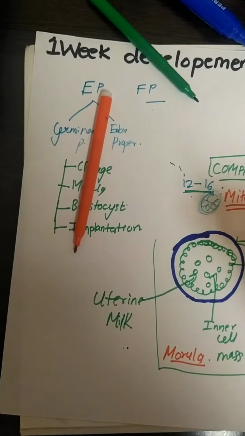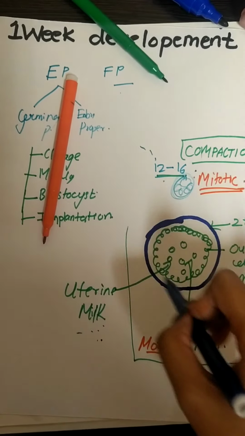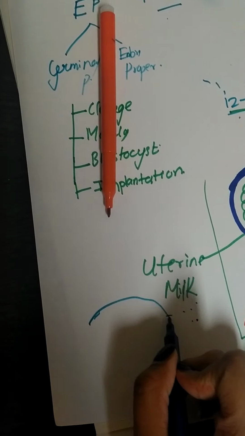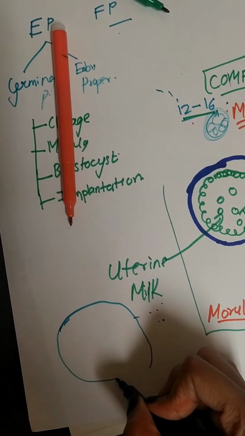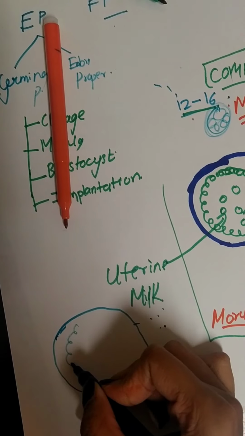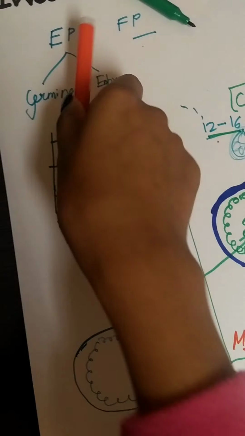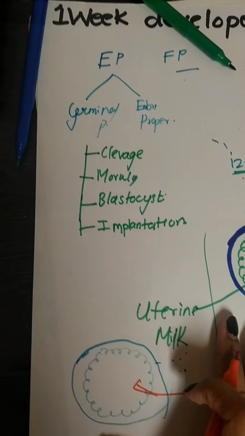So what happens when the uterine milk enters this ball? Suppose this is your zona pellucida, this is your outer cell mass, and the uterine milk has entered inside.